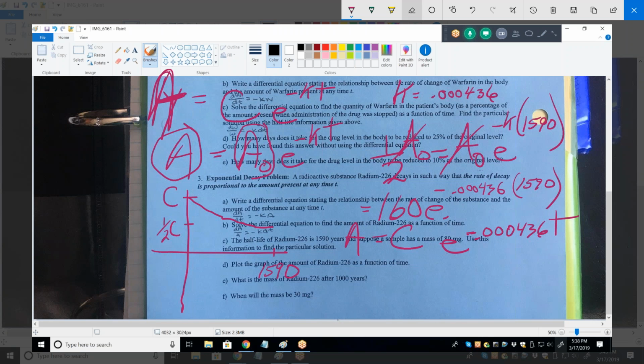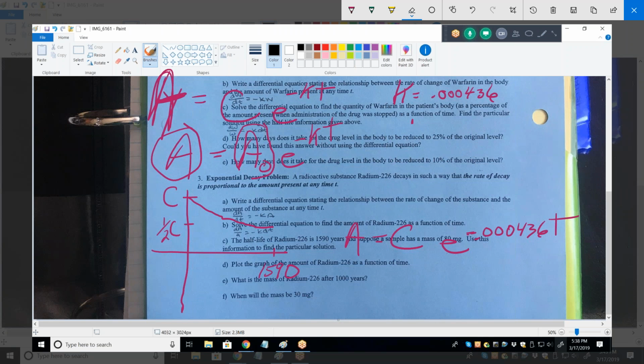Okay, so that's our equation. That's our particular solution, as much as I don't really think it is, but I don't know what else to do. And I bet you we can still answer all these questions.